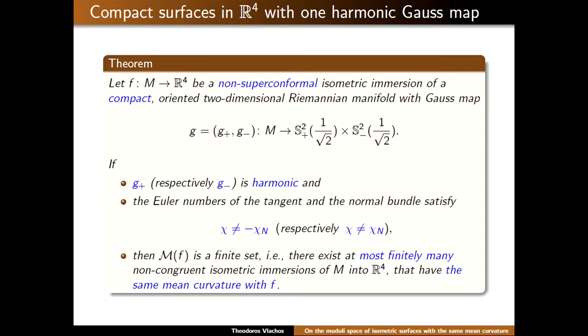Just to get a rough idea of the proof, I'm not going to give details. I will recall this theorem about surfaces in R4 that satisfy an additional topological assumption, where we want to prove that the moduli space is a finite set.